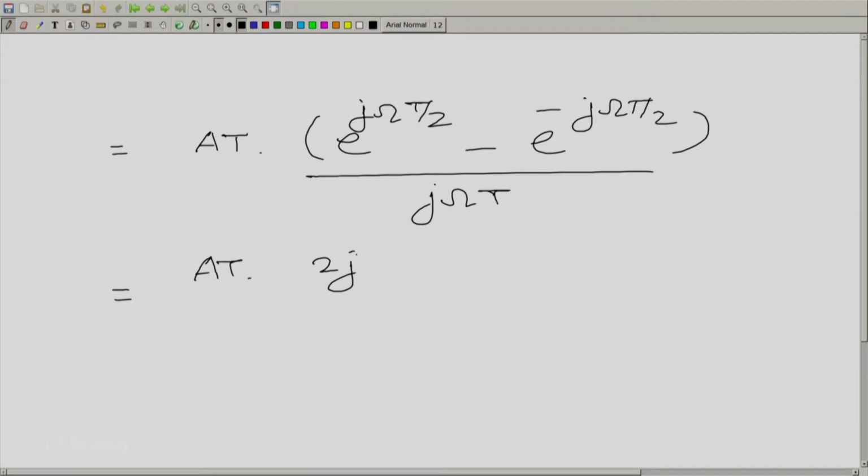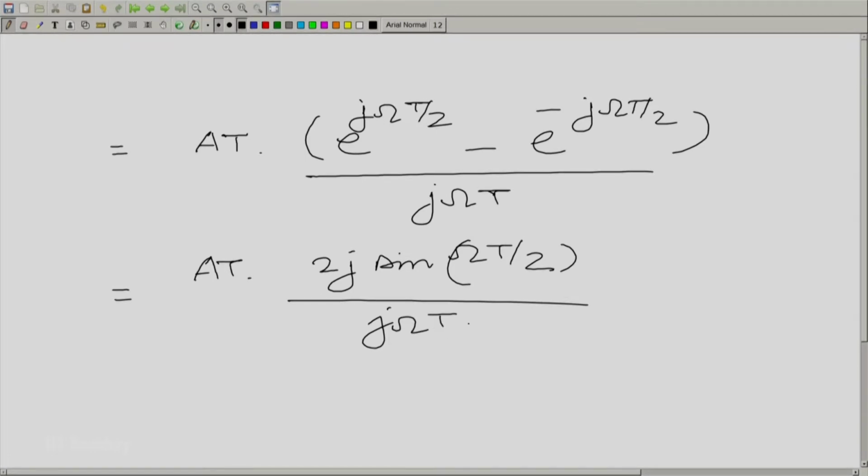You can look at the numerator: the numerator essentially is 2j times sine omega T by 2, divided by j omega, and now the 2 can be brought down. So, we have a T, and the j can go away, sine omega T by 2 divided by omega T by 2.